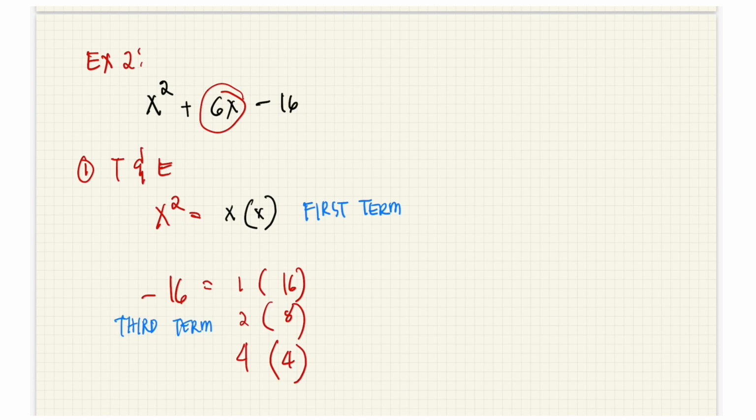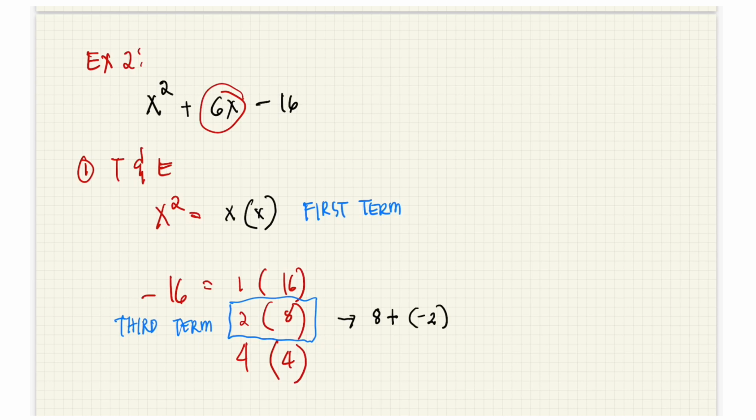Now we have a great chance with this. So we are going to use this. The only question is, how are we going to add it so that the answer will become positive? So therefore, we have here 8 plus negative 2. Now we have 8 minus 2, the answer is 6. 8 times negative 2, the answer is negative 16.